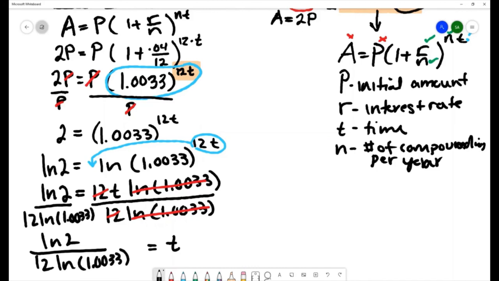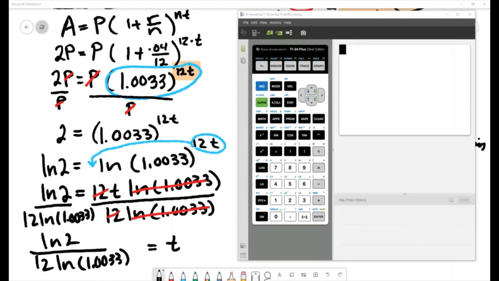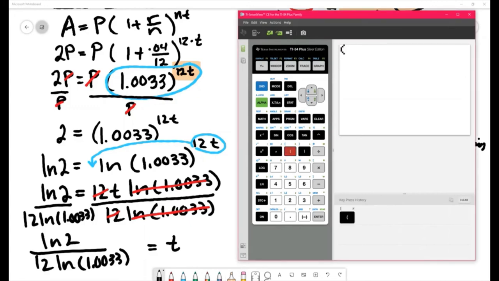We'll type this in our calculator to get the time. I would put parentheses around your numerator and denominator, although in some cases it's not necessary. Like in this one, it's not necessary to put it around the numerator.